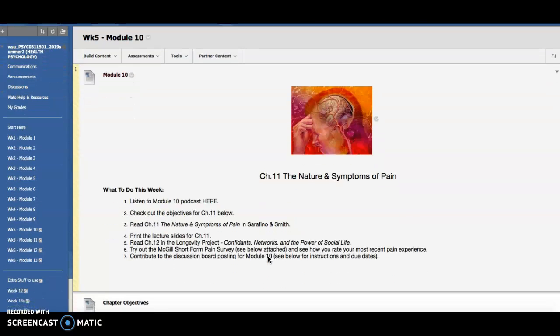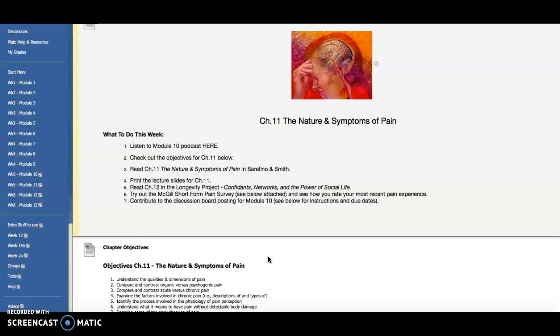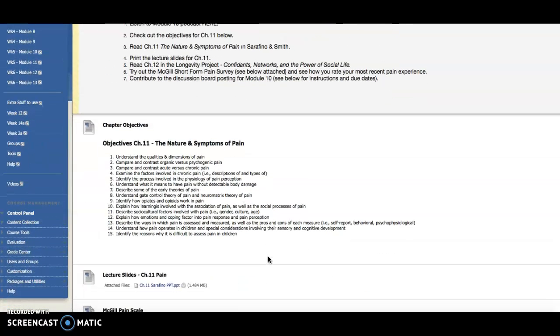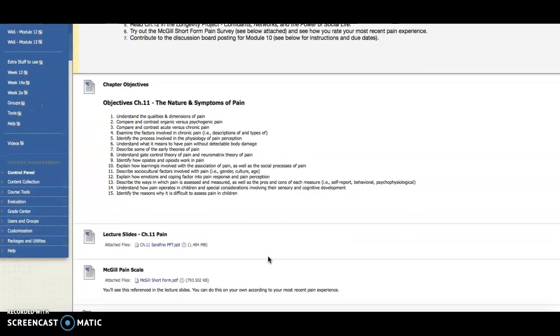So for chapter 11, the nature and symptoms of pain, let's look at the objectives. We see that we have first to get familiar with what is meant by pain. So understanding the qualities and dimensions of pain, because not all pain is created equal.